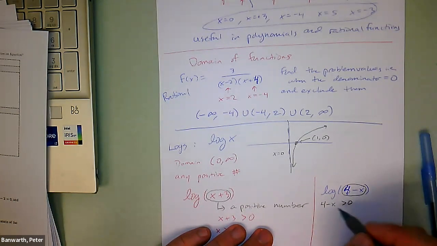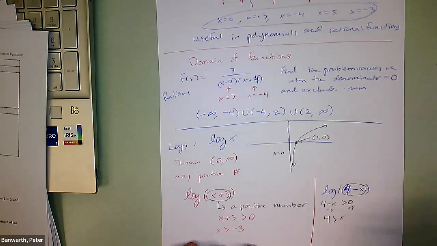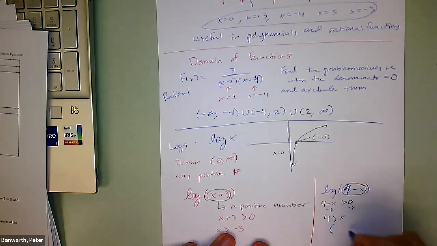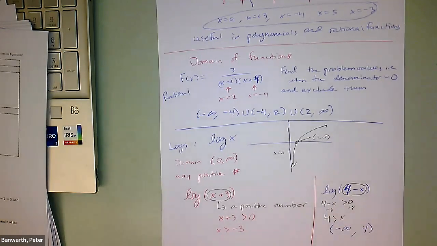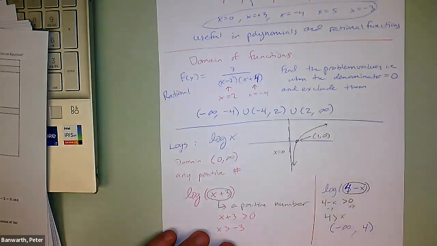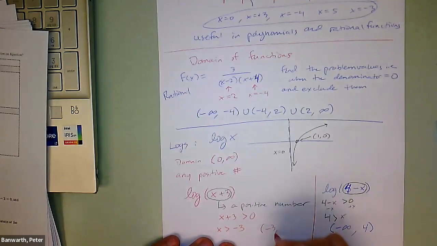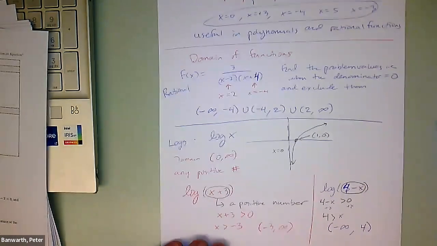So this time I'm going to add x to both sides. I'm going to say 4 has to be greater than x. So in this case, my domain only gets up to 4 and can go down towards -infinity. Where in this case, my domain starts at -3 and goes up to +infinity.